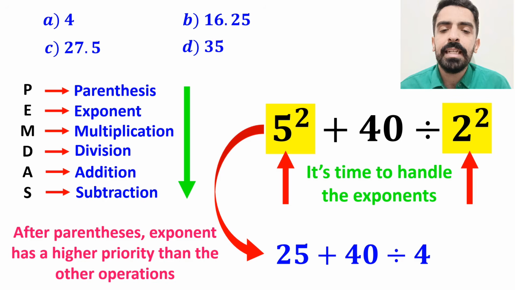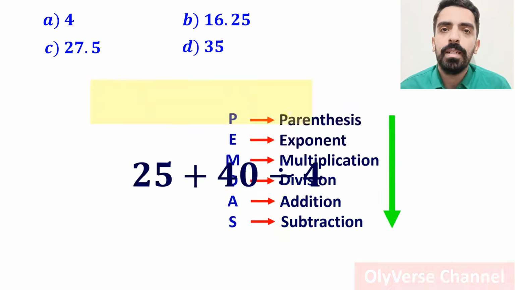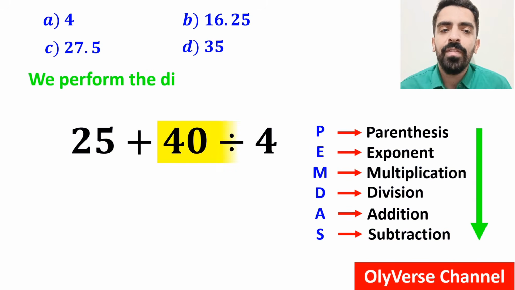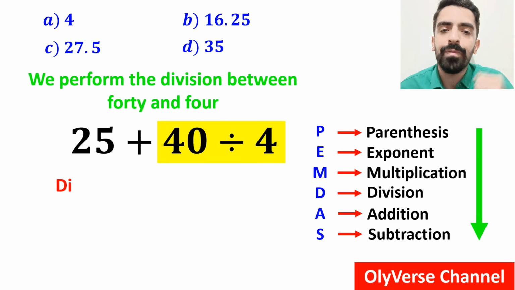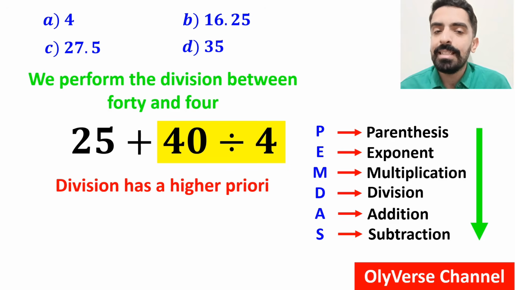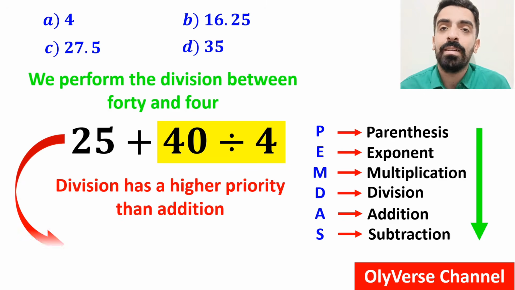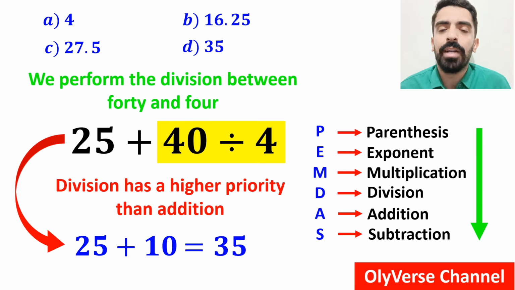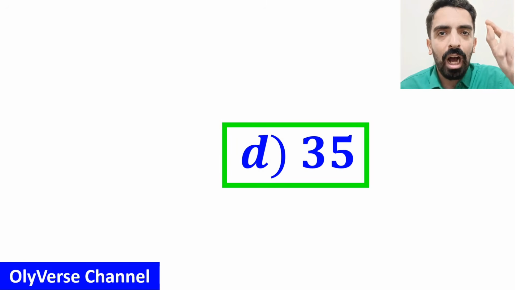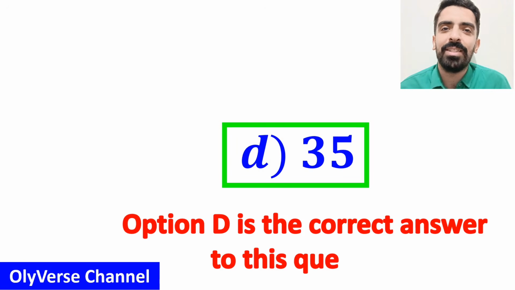So, we can write this equation as 25 plus 40 divided by 4. And the final step, we perform the division between 40 and 4, because division has a higher priority than addition. So, this equation simplifies to 25 plus 10, which finally gives us the answer 35. That's great. Option D is the correct answer to this question.